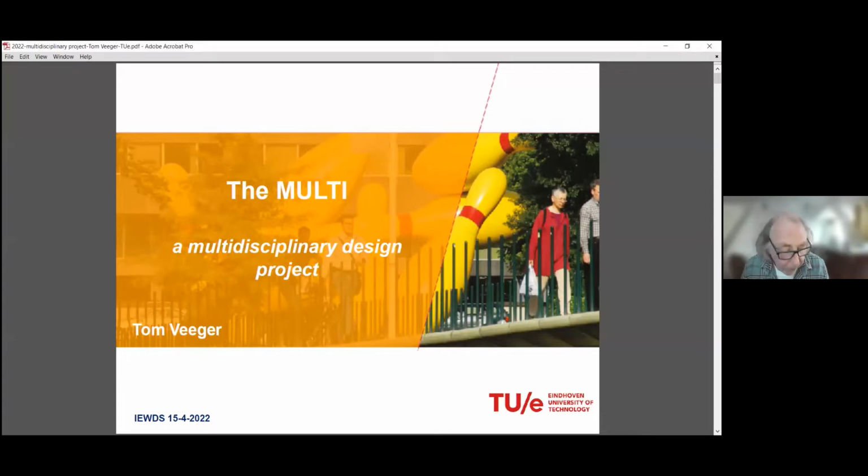I would like to talk about a third-year bachelor design project we do, and explain a little bit about the background of our university to make it more understandable why we do it and in what way we try to do it. So it's called the Multi. It's meant as a multidisciplinary design project.